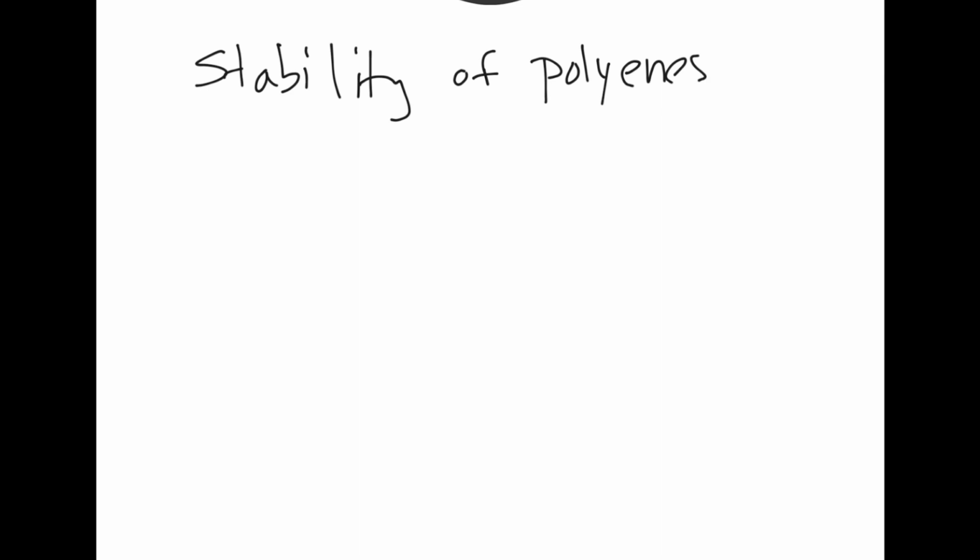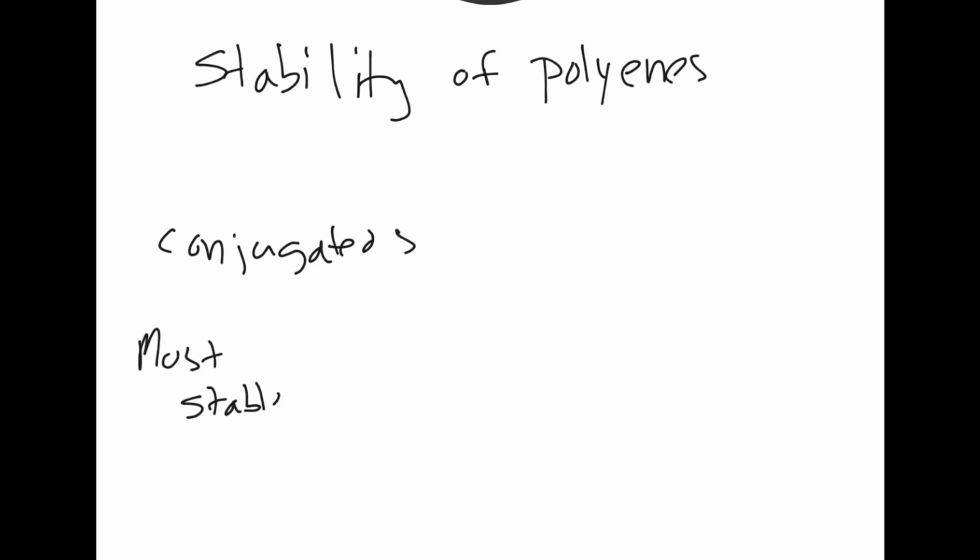Our most stable type of polyene would be conjugated. That makes sense because resonance gives you stability.